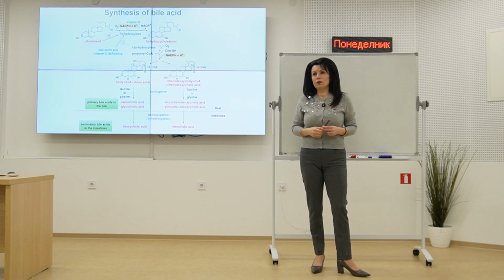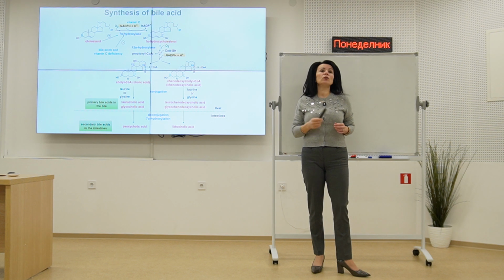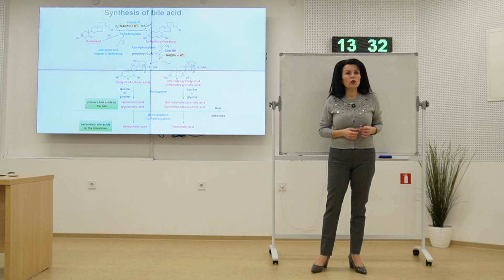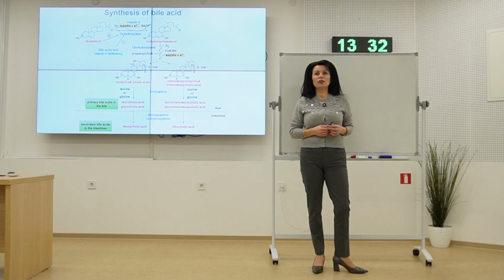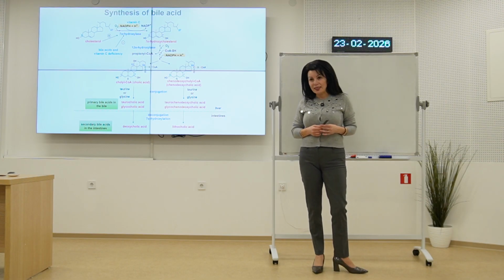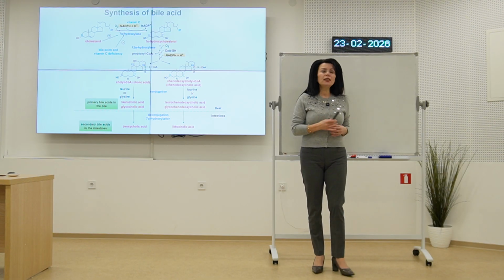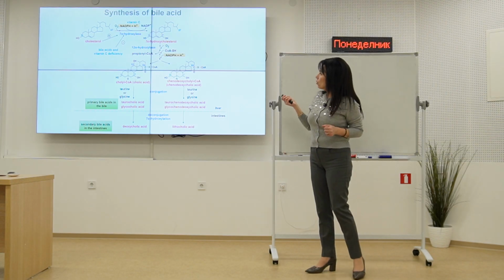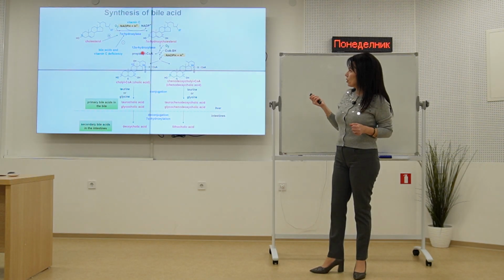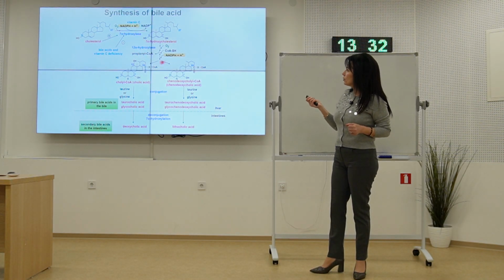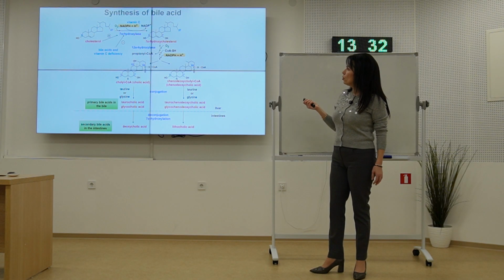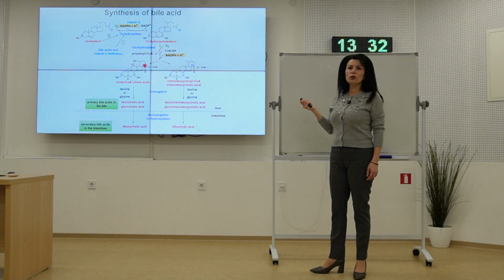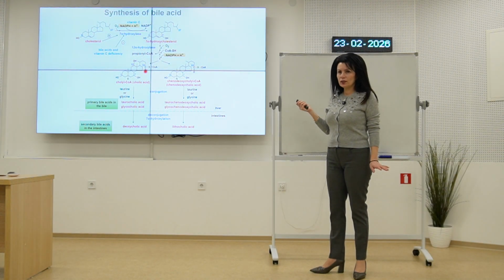And the second one, we talked about this compound because it is one of the precursors for gluconeogenesis. Do you remember propionate? This is the same compound but without activation in the form of propionyl coenzyme A. And after this action, now we have only bile acids with 24 carbon atoms.